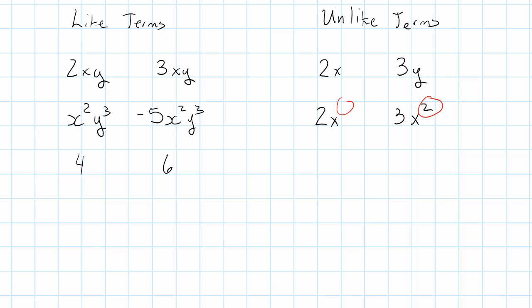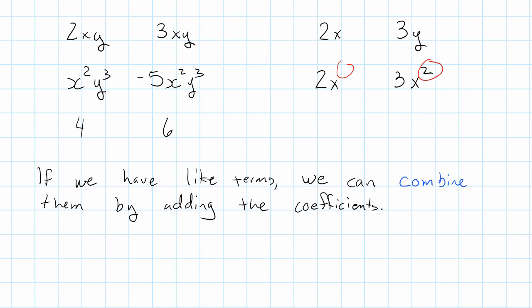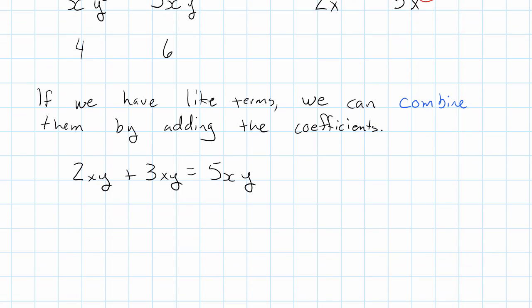Okay, what is the importance of having like terms? Well, if we have like terms, we can combine those like terms by adding the coefficients. So if we have 2xy plus 3xy, that's 5xy. Why? Notice, I could write a step in the middle here. 2xy plus 3xy is equal to (2 plus 3)xy.